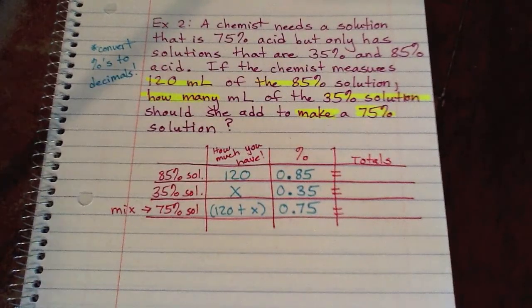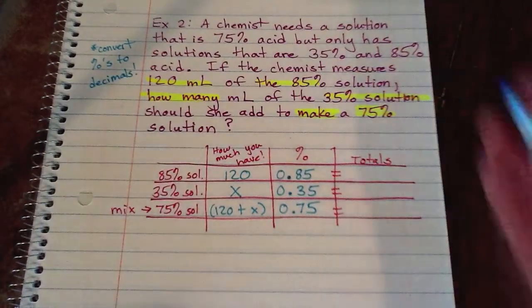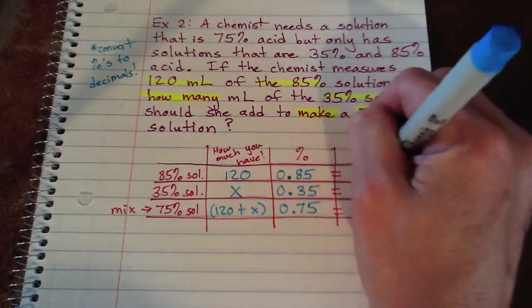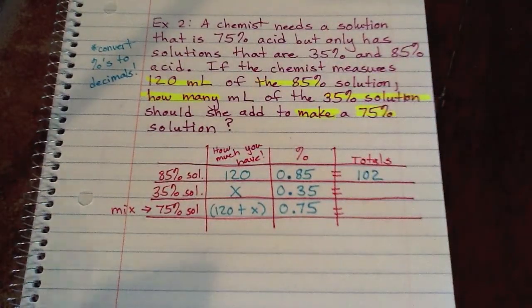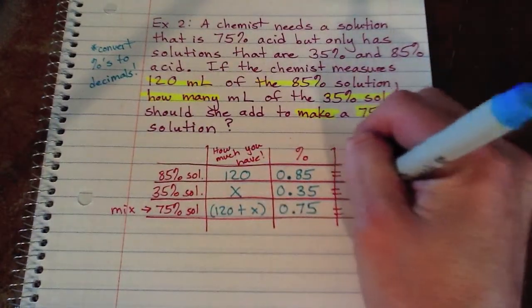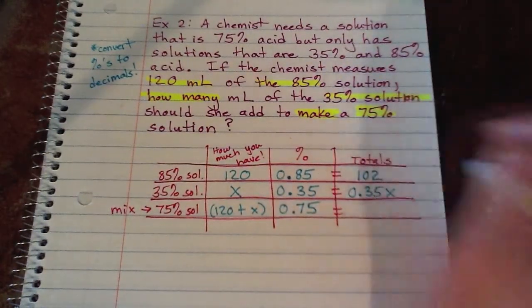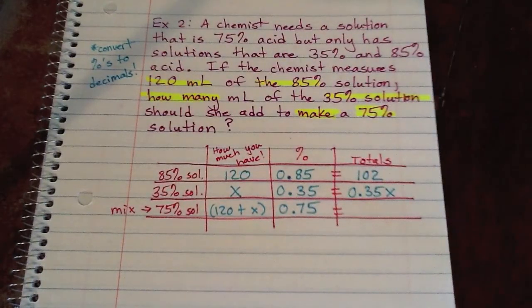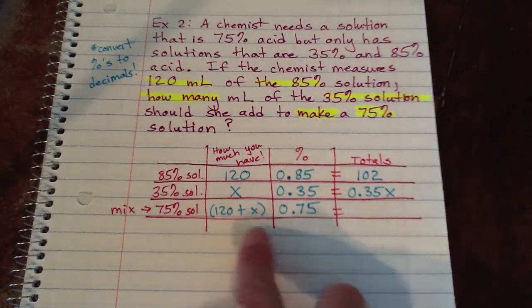So now you're going to go through and you're going to multiply those out. This is one where you want to go ahead and just use your calculator, save yourself some time. So we have 120 times 0.85 or 85 hundredths, and we get 102. We have 35 hundredths times X, which is 0.35X. And then remember, you're distributing this.